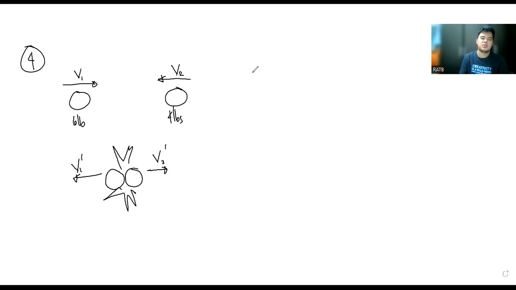So we use the concept of conservation of momentum, that is the sum of the momentum before. The momentum before would be M1 V1 plus M2 V2. M1 is 6 pounds, and V1 would be, of course, V1, plus 4 pounds, and since V2 is traveling to the left, that is negative V2.